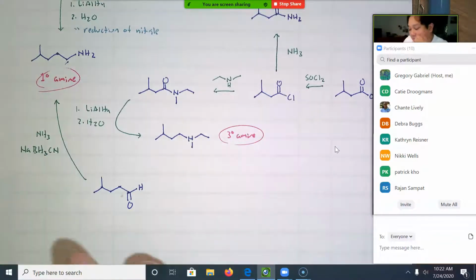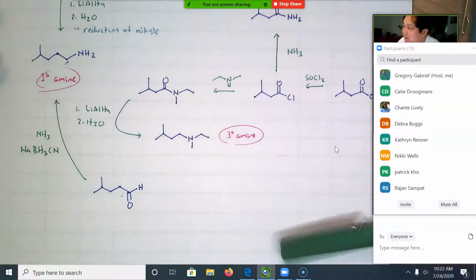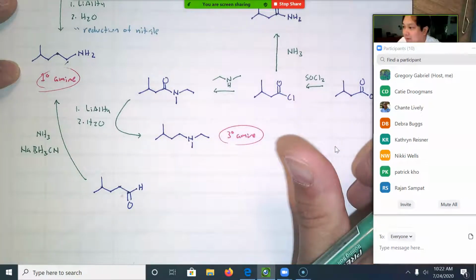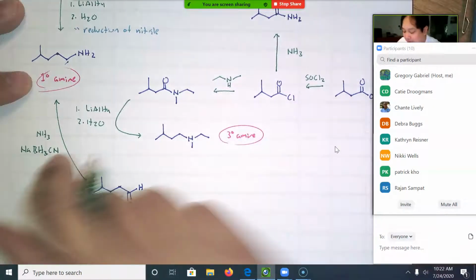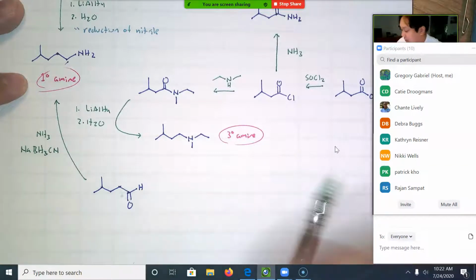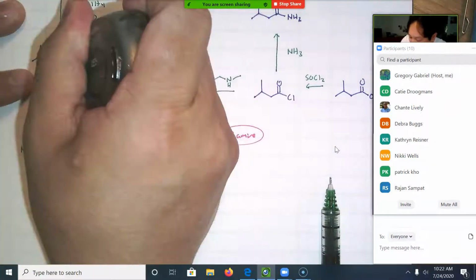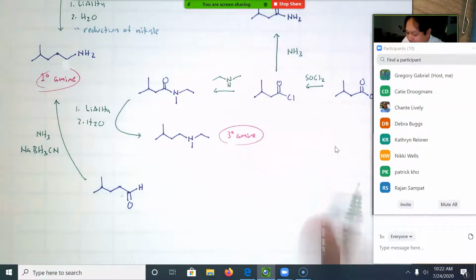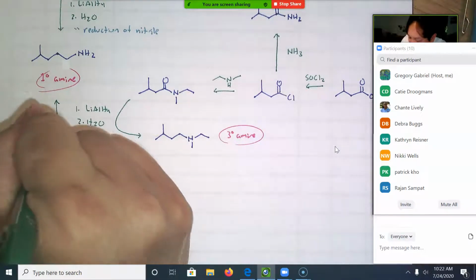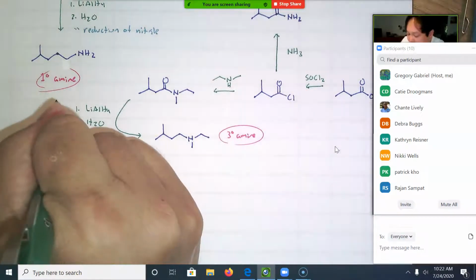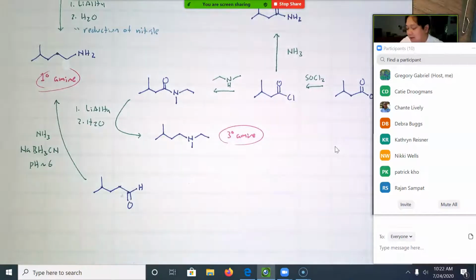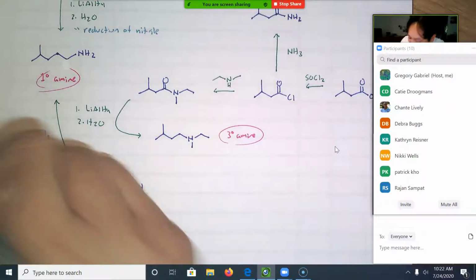They did that because it's a little more soluble by putting this nitrile group. And it's not entirely necessary, but this is run under pH slightly acidic, pH 6. This is called reductive amination.